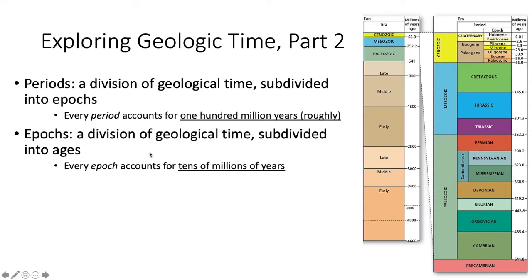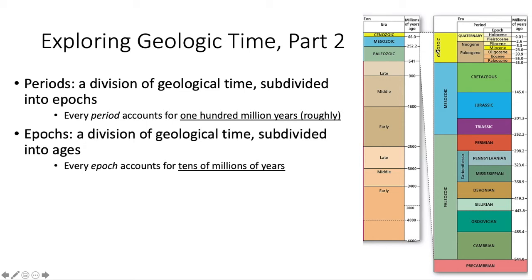Epochs are the divisions inside periods, and every epoch accounts for about tens of millions of years. And so you can see all the epochs that are up here. We have the Holocene epoch, which is part of the Quaternary period, which is part of the Cenozoic era. You can see how this gets complicated pretty quickly.